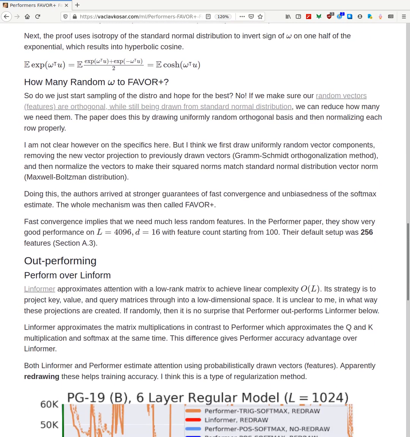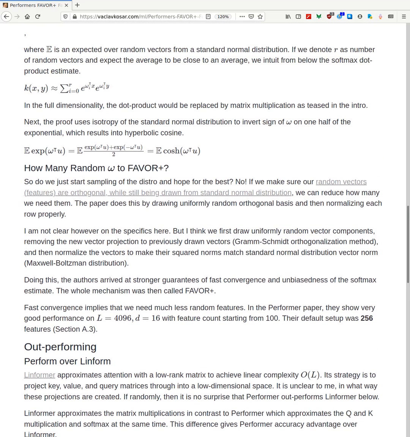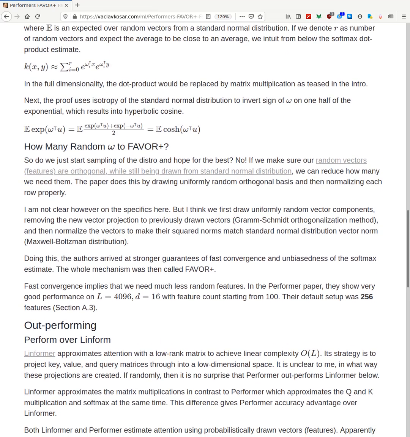Alright, so where do they get these hyperbolic cosines, these hyperbolic functions? There's a neat little trick. They use the isotropy of the distribution, and if they rewrite this exponential dot product with u, it's easy to use the isotropy of the distribution to get the cosine.